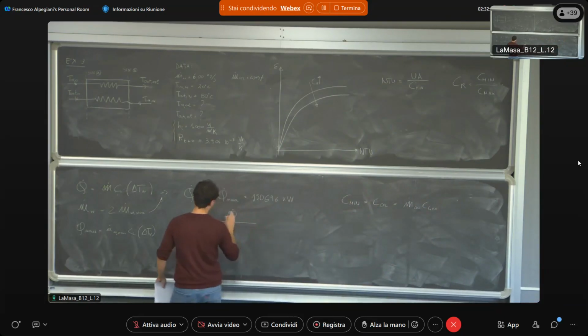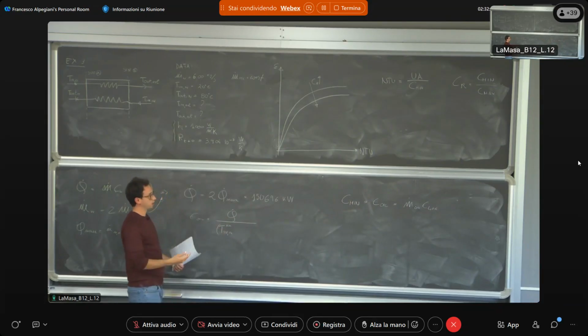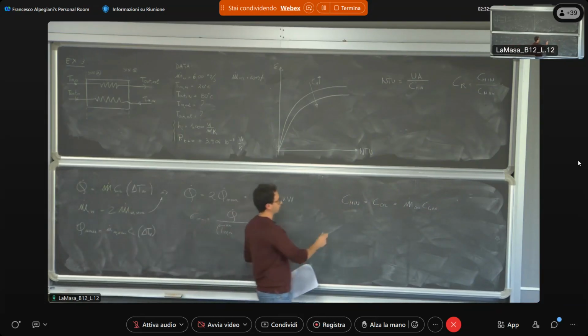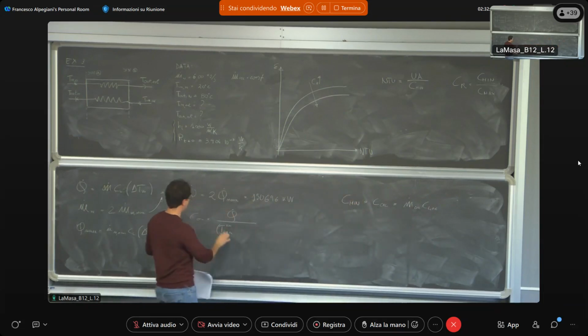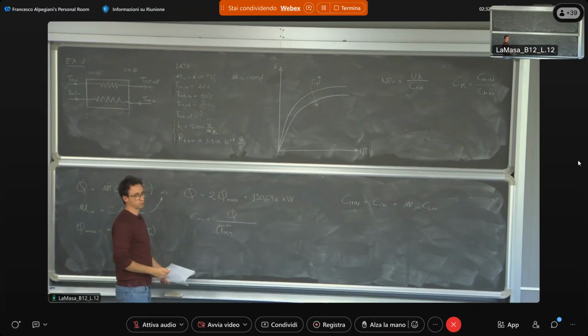So the multiplication between m oil and C oil, the heat capacity, can be evaluated at nominal condition.